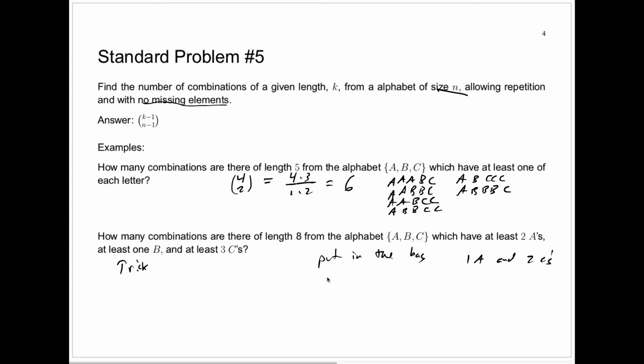So I can finish in 6 ways, since I need a combination of length 5 with at least 1 of each letter.